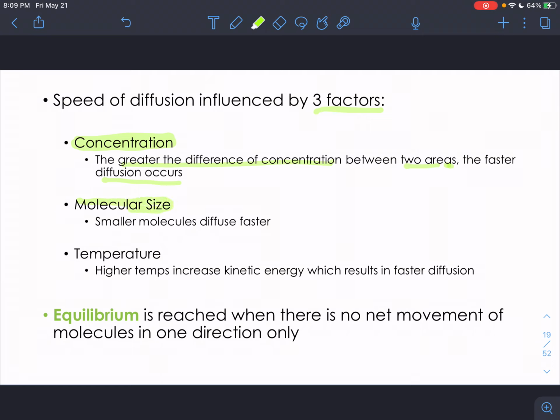The second thing that influences the speed is the molecular size. Smaller molecules diffuse more quickly. And I always give the example, which has nothing to do with diffusion, but I imagine a little puppy and Shrek in a mosh pit at a concert or something. And they want to get out of the mosh pit. They're both in the middle, want to get out.